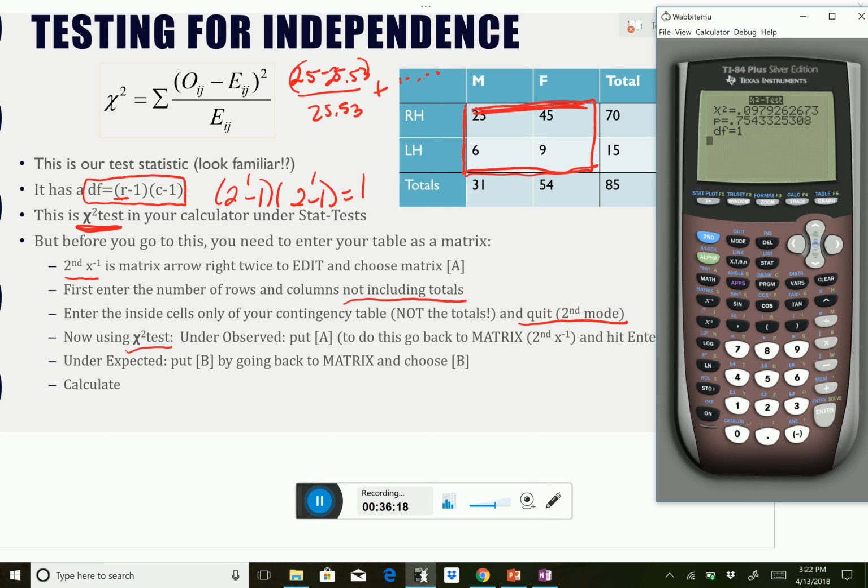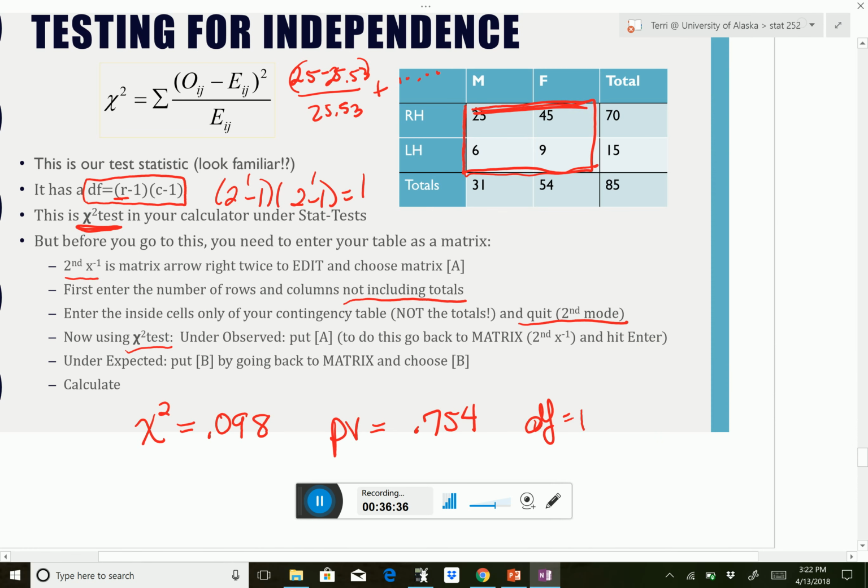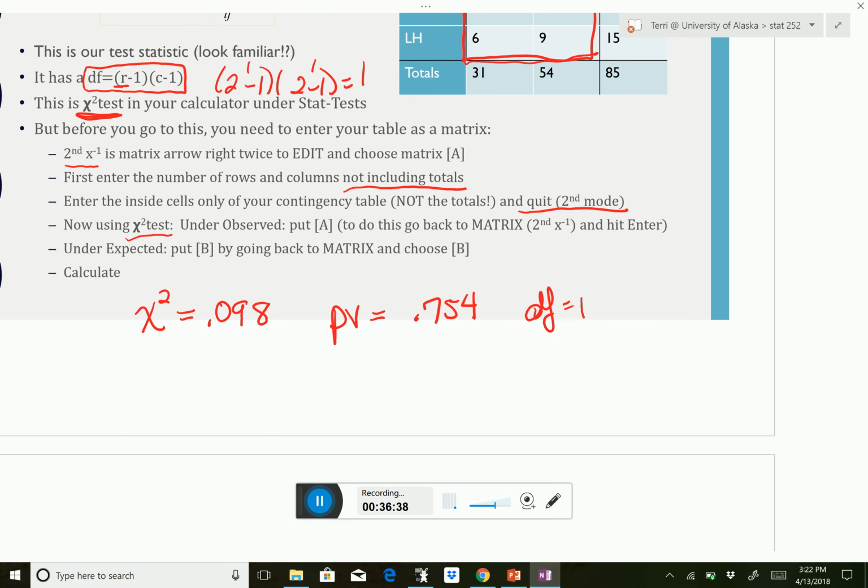This gave me a chi-square value of 0.098. I knew it was going to be small. And a p-value of 0.754. Yes, big p-value, I know. We have a degrees of freedom of 1. So we see that we have a very small chi-square value and a very large p-value.